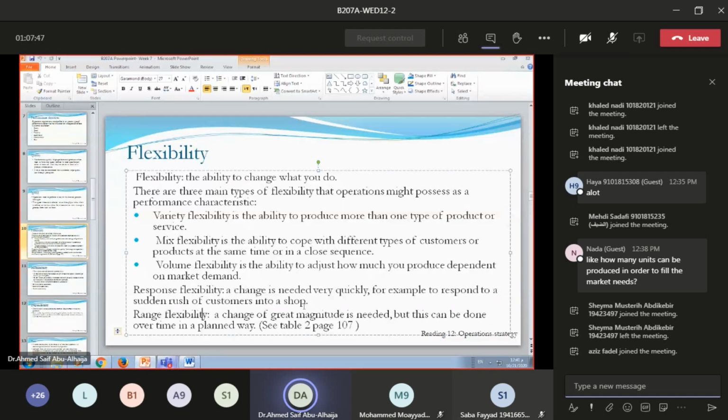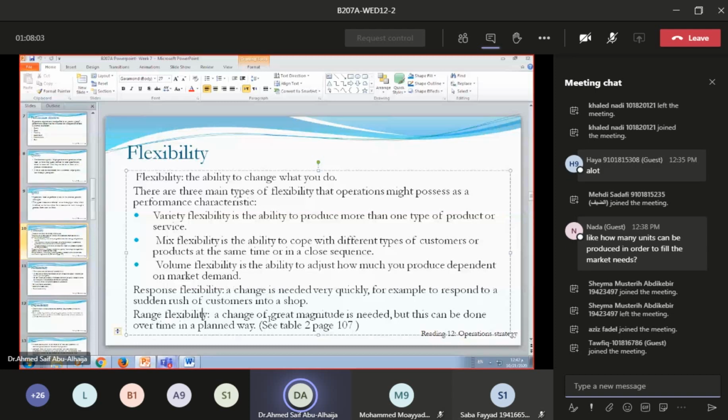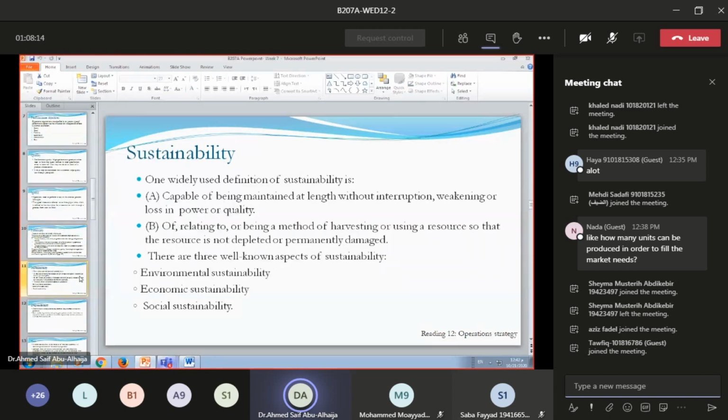It's close to volume, but it's not about the quantity, it's about the response. Are you fast in responding to unexpected customer needs? Finally, range flexibility: a big change that you need to make in a planned, systematic way.